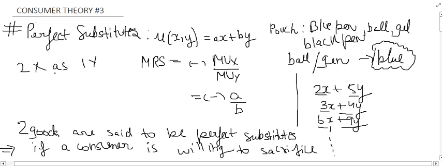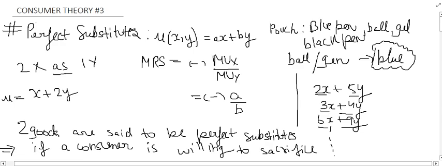Where the phrase as good as is used, you must be clever to know that it is talking about perfect substitutes. But while framing the utility function, we would be swapping the values. If the question says the consumer considers 2 units of good x as good as 1 unit of good y, we need to swap the values while forming the utility function. We would be writing u equals x plus 2y.